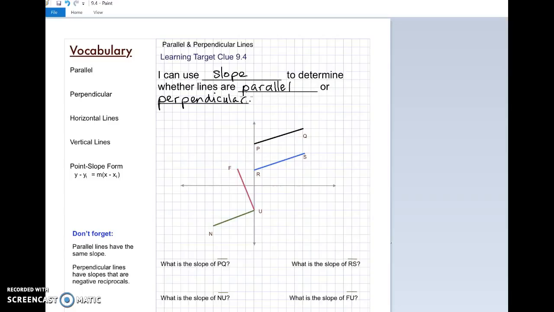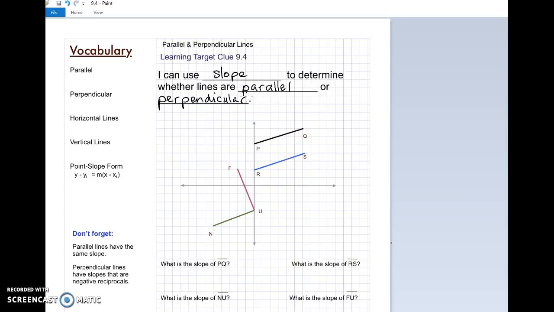Now, before we do anything, let's do a quick review of some vocabulary and introduce you to some new vocabulary. First of all, parallel. Let's remember what parallel means. Can you tell me? That's correct. Parallel lines are two or more lines that never cross.